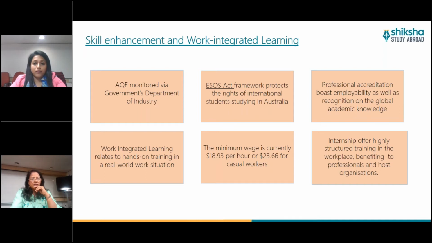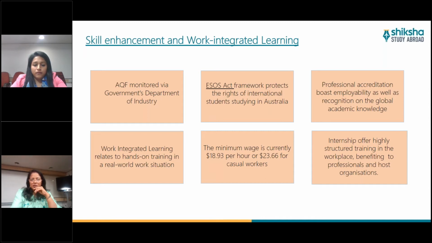Work integrated learning is very much available right now under the curriculum. It gives an opportunity to develop hands-on training in real-world situations, so the learning is not only from theory; it lets you enhance your skill set in a real environment. The wage rates are pretty fine for international students, going from 18.93 to 23.66 per hour for casual workers.